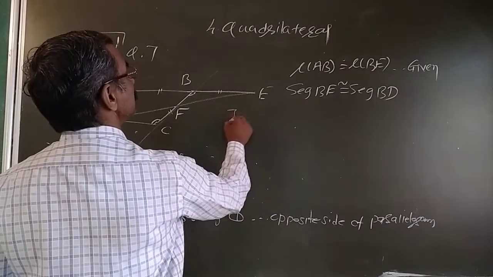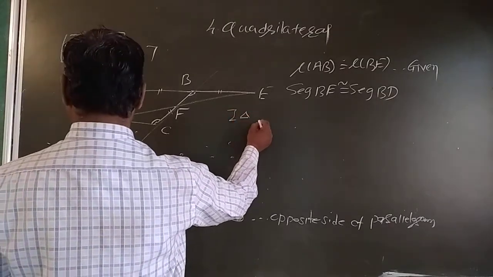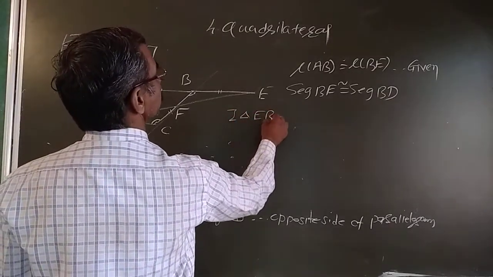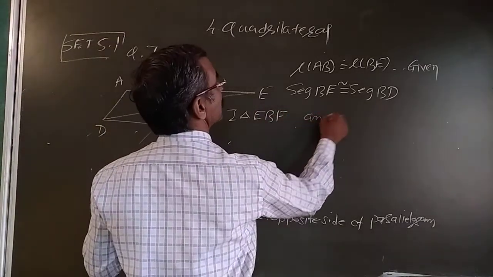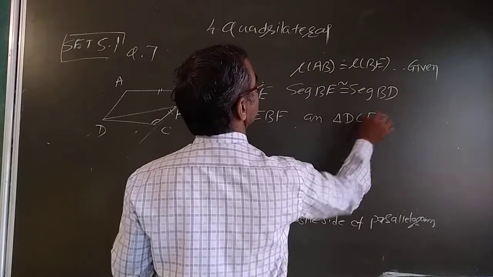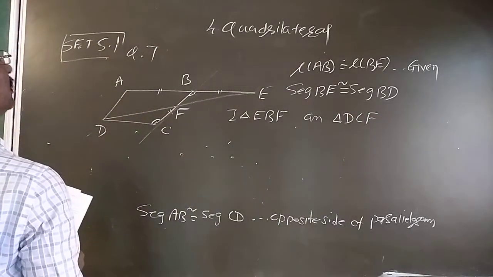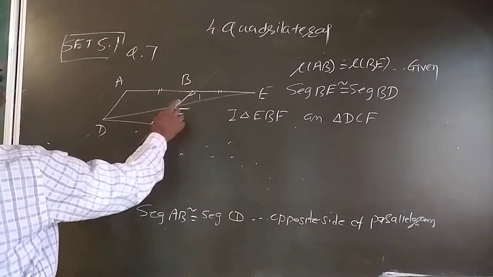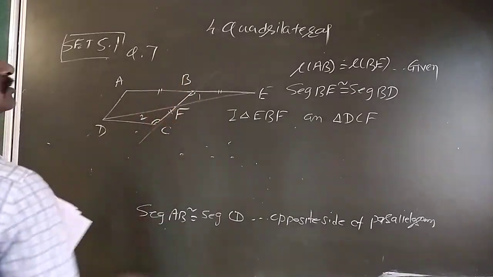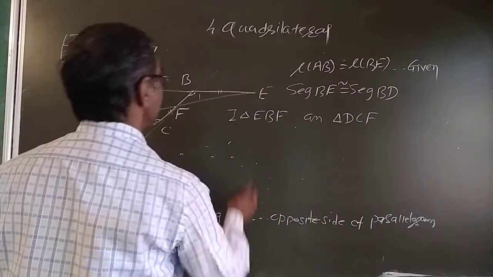Then in triangle EBF and in triangle DCF, we are considering these two triangles. EBF, this is triangle 1, and DCF, this is triangle number 2. We want to show they are congruent.